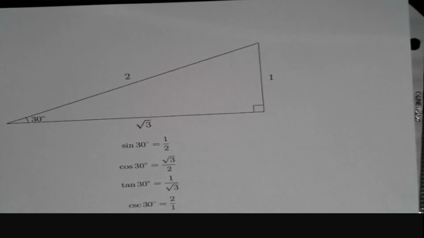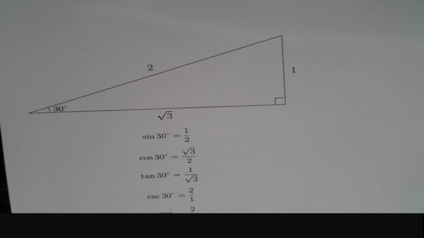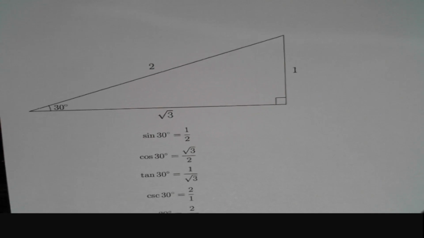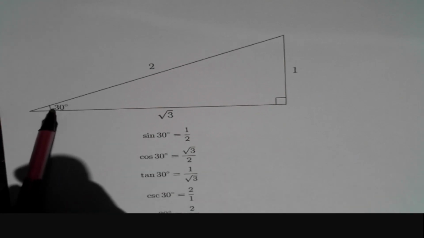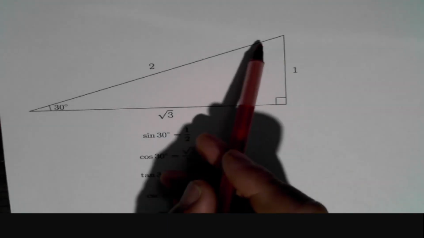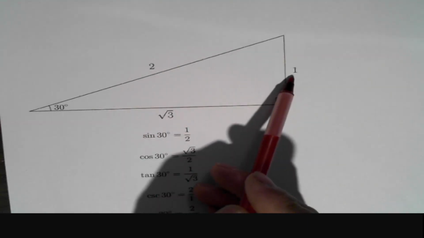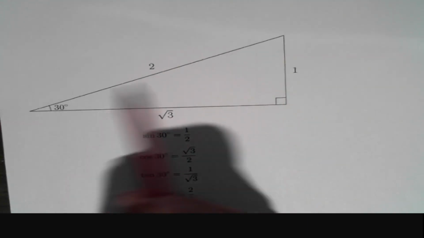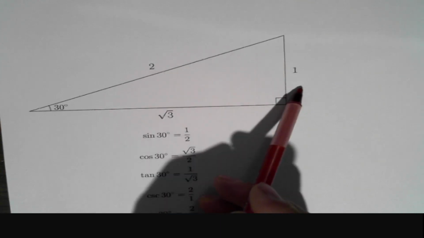After we understand those definitions, we need to understand two basic triangles. In a right triangle, if one angle is 30 degrees, and let's say just for convenience, the hypotenuse is 2, then the opposite side is half. If it is 30 degrees, the opposite side is always half of the hypotenuse. So 2 and 1.